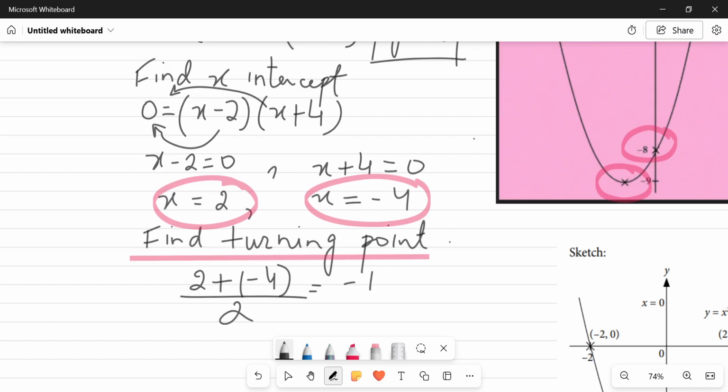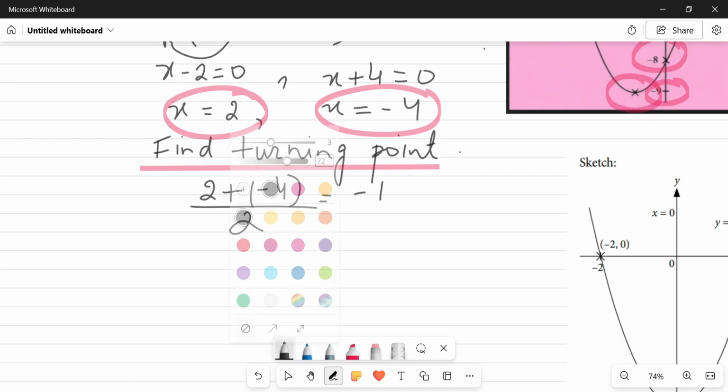As you can see here in the diagram, this part is equal to the y coordinate. We must know the y coordinate of the turning point. So how are you going to find it? We have found -1, which is also the line of symmetry.